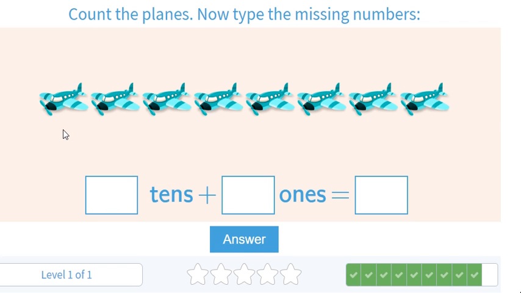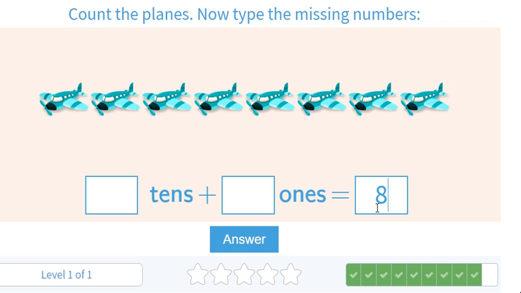But let's check to see how many planes we have. We have 1, 2, 3, 4, 5, 6, 7, 8. We have 8 planes. So let's write the number 8 here because we know that that is how many we have in all. We have 8 planes.